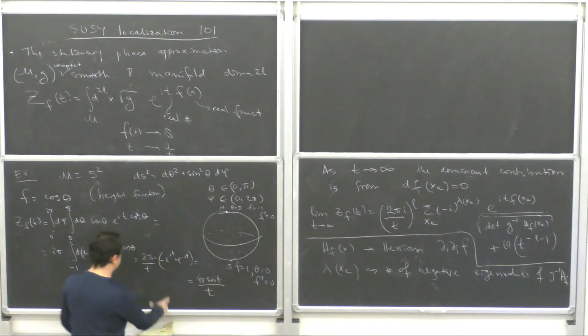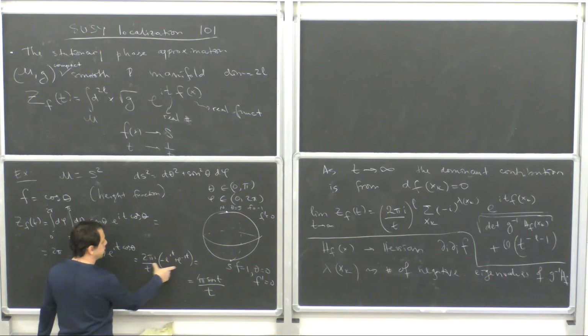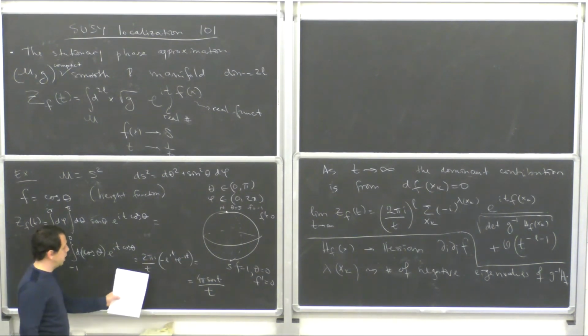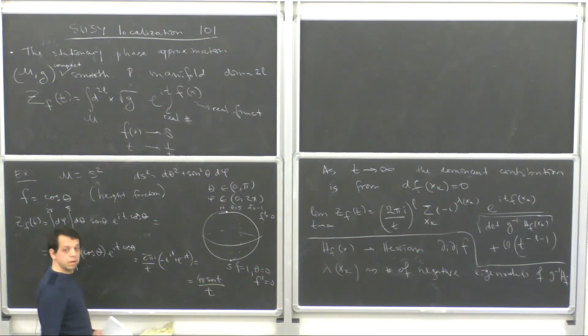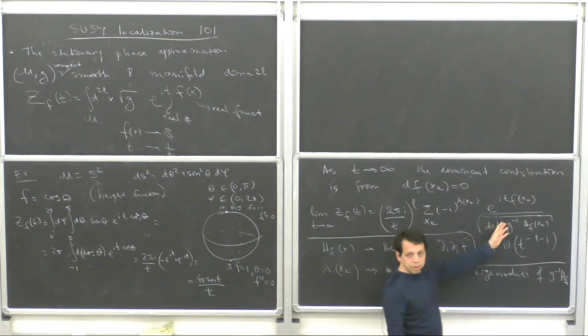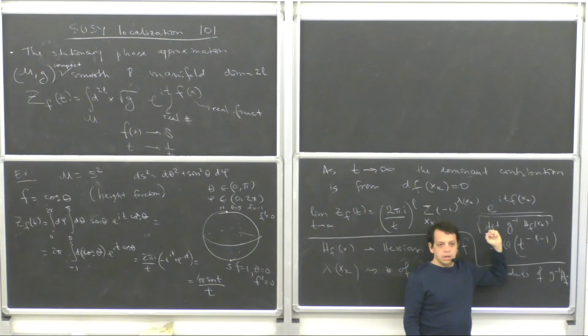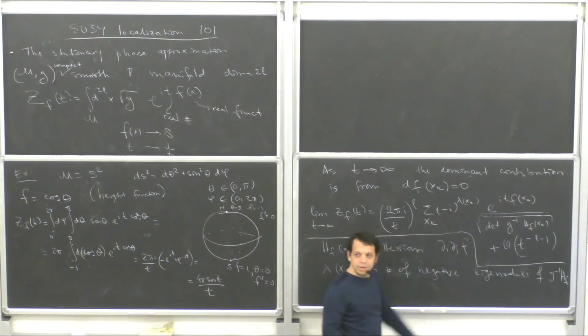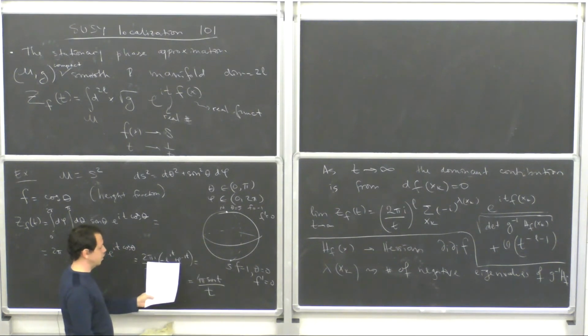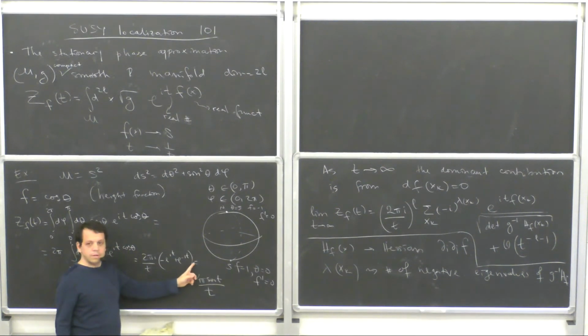So these two terms, this one and this one, are precisely those two terms there. With the 2 pi i t, everything is the same. Well, I didn't compute here the determinant of the Hessian. It's a 2 by 2 matrix. Anyway, it's very simple to show that these are two terms. But what happened here is the magical thing that there are no more terms. That's it. It's the full answer.